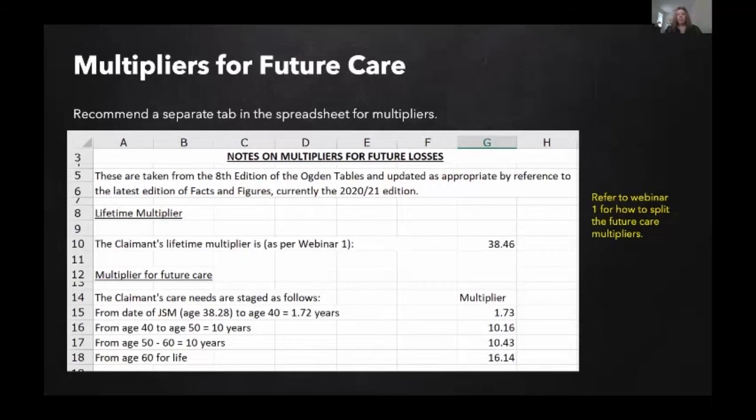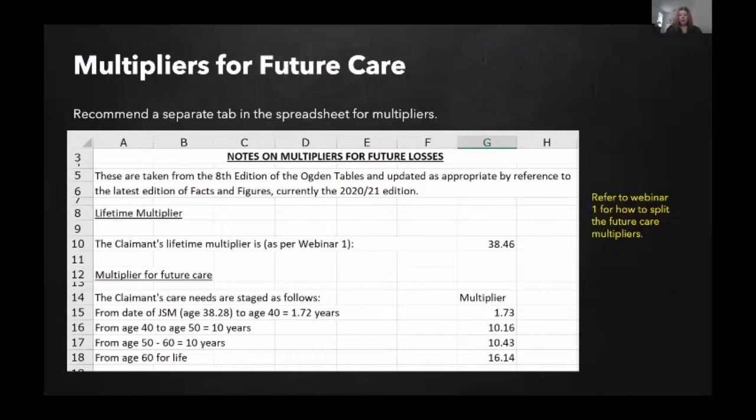Ben and I, for continuity, have adopted the time periods decided on by Dan, and that's how we've divided up the care report. I strongly recommend a separate tab in the schedule for multipliers, and I will show you why at the end of the webinar. Essentially, it's to make life easier for yourself if you have to make any changes to the multipliers further down the line.